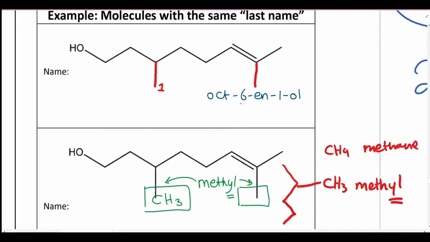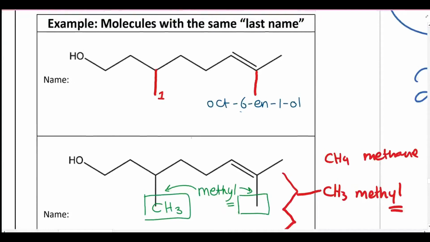What I want you to know is that if we have a bunch of functional groups, we're going to put them at the end, and it's basically going to be the last name. And essentially, all molecules that look like this will have a very similar last name. But if you have a bunch of carbon groups attached to it, they're going to have a slightly different name.